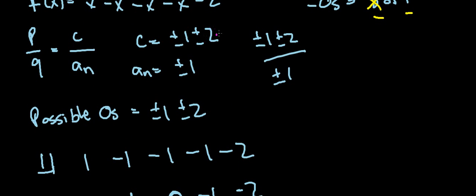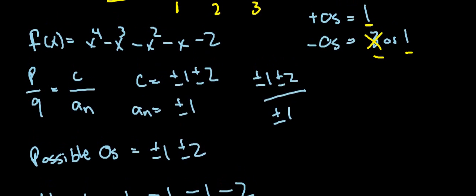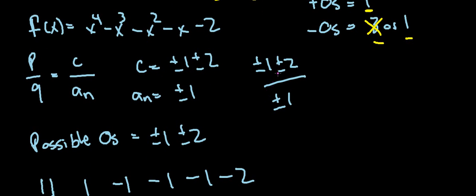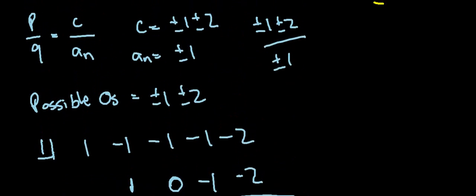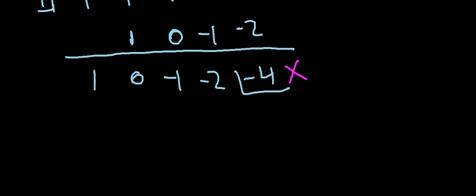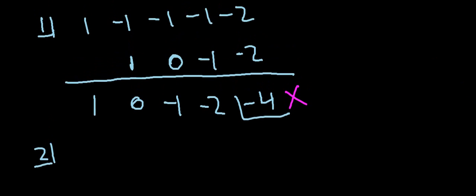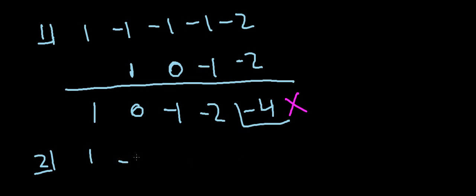So therefore it has to be 2, because we only have one positive zero, and positive 2 is the only other option we have. But let me just do the synthetic division anyways, just to show that this is indeed true. So we have 1, minus 1, minus 1, minus 1, and minus 2.